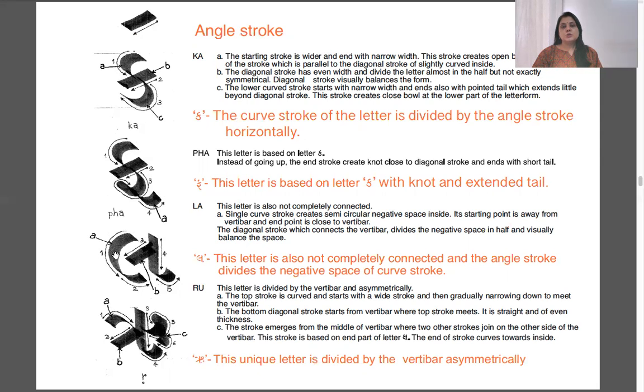This letter is also not completely connected, and the angle stroke divides the negative space of the curve stroke. Now the last letter is Ru. This unique letter is divided by the vertical bar asymmetrically.